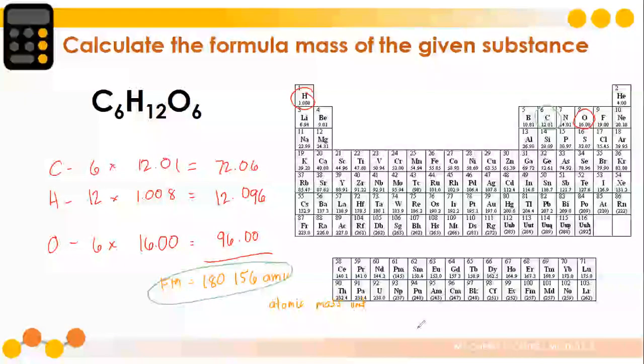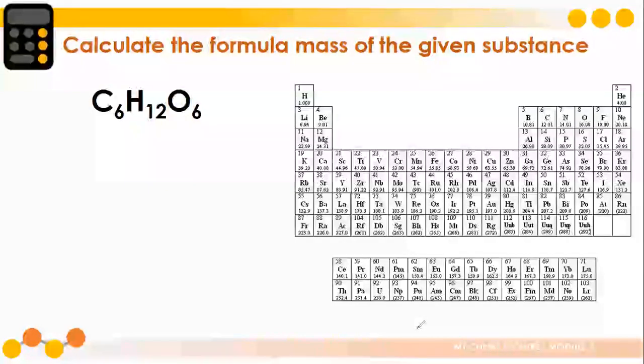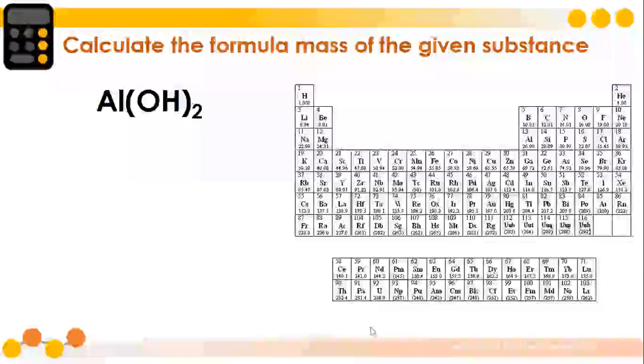Let's try to answer another one. Okay, we have here aluminum hydroxide. For aluminum hydroxide, let's list down first the elements. So we have aluminum, oxygen, and hydrogen.